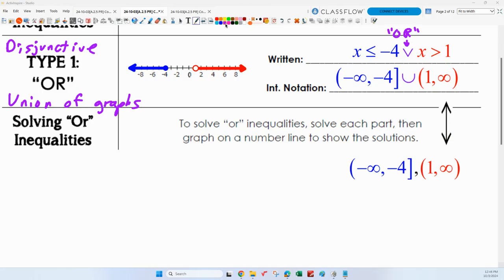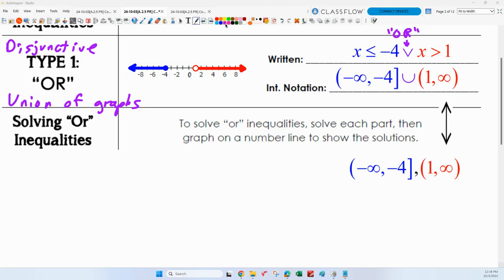If we want to write this with interval notation, it makes sense that the blue part of the graph would look like this, wouldn't it? Comma goes in the middle. What's the left endpoint of the blue part of the graph? Everybody agree? It goes out to the left forever. And infinities always go with parentheses or brackets? Parentheses. The right endpoint of the blue graph? Everybody, let's get everybody involved here.